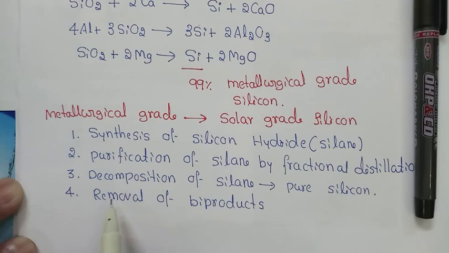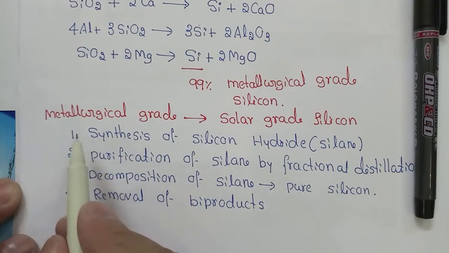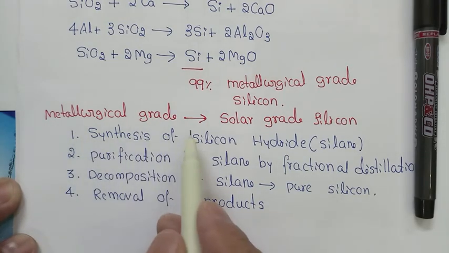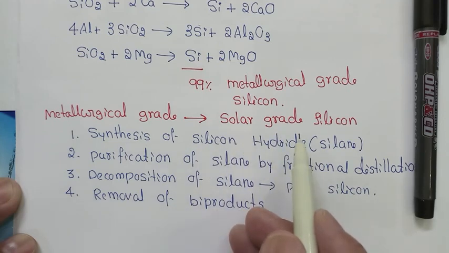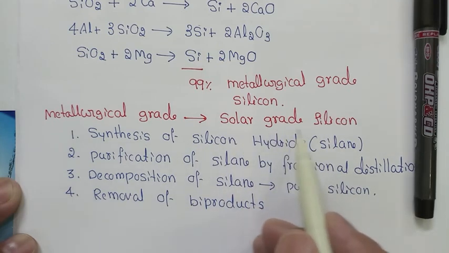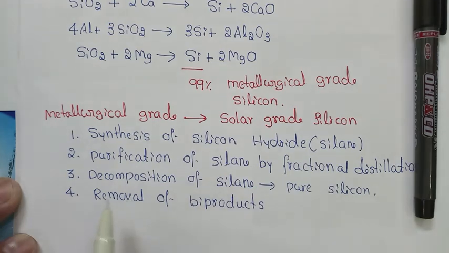The steps involved in the conversion of metallurgical grade silicon to solar grade silicon or semiconductor grade silicon are: first, synthesis of silicon hydrides, which we call silanes.